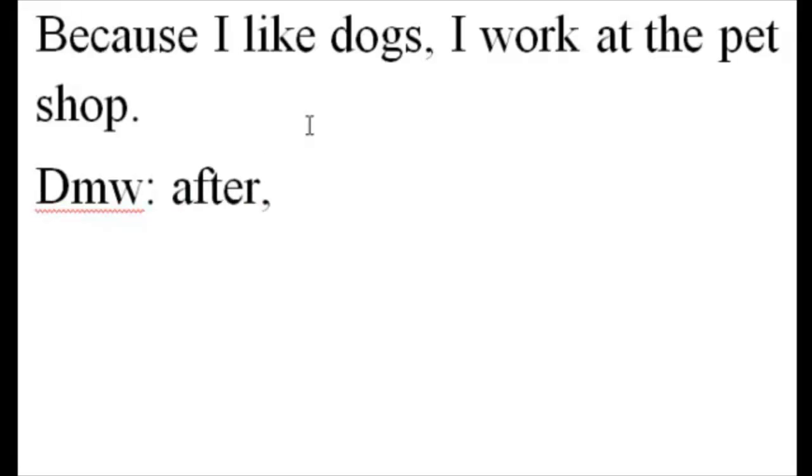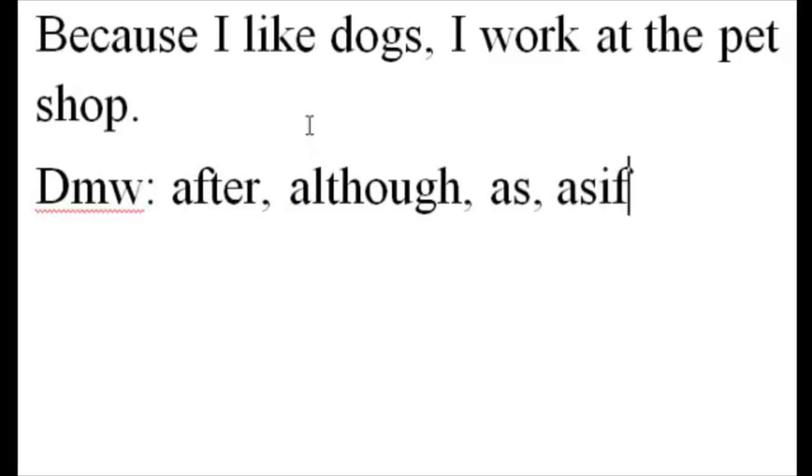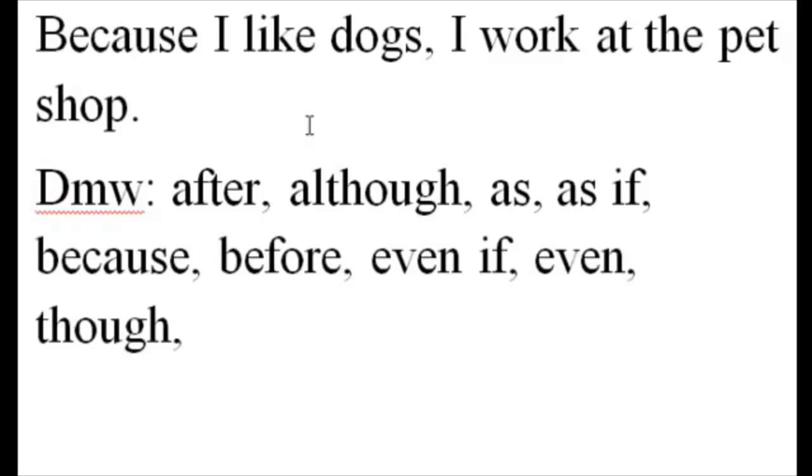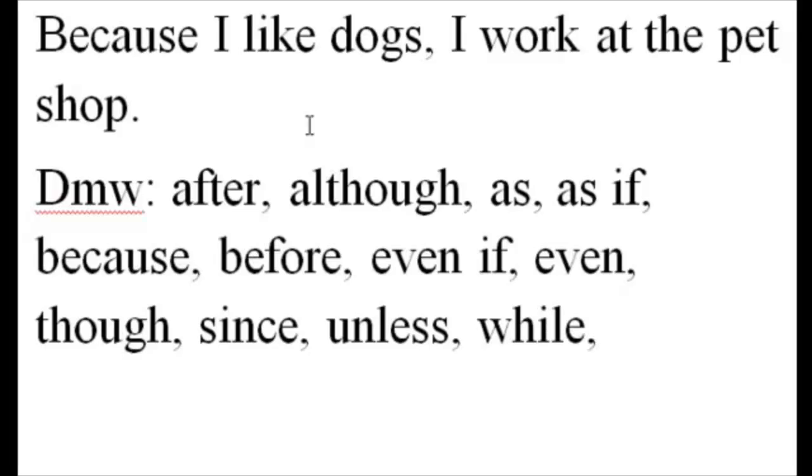So there are words like after, although, as, if, because, before, even if, even though, since, unless, while, when. There are more, right? I'm sure there are many that I'm missing right now, but the whole point is to show you that these are words that turn an independent clause, which is a sentence, into a dependent clause, right?